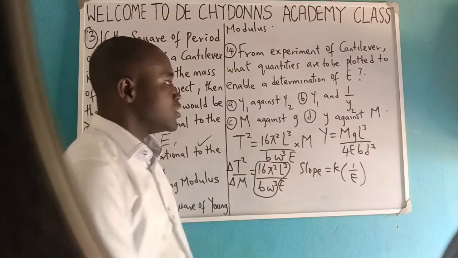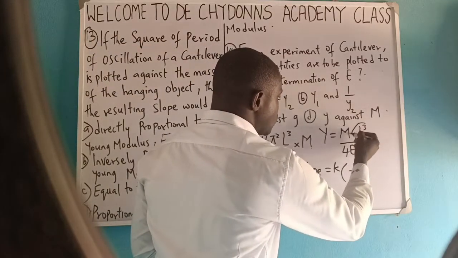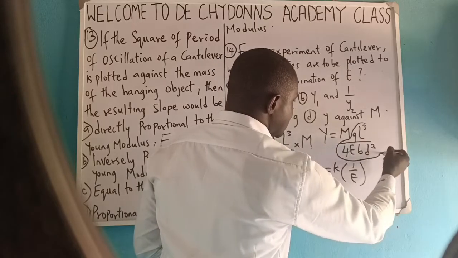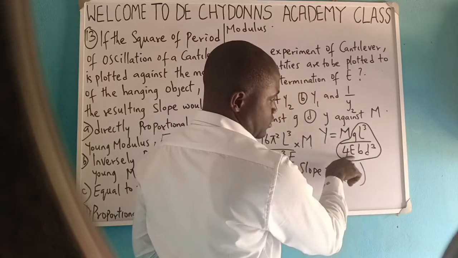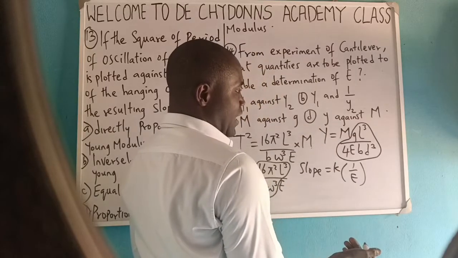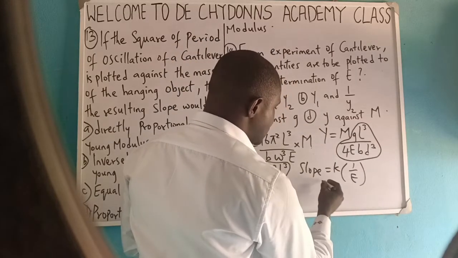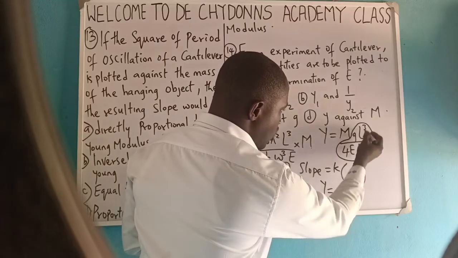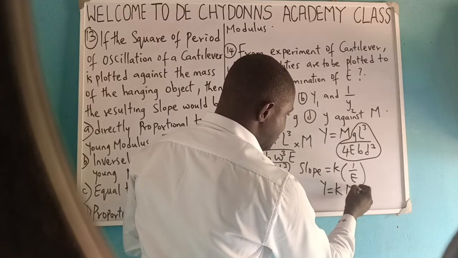The whole of this, except M, will be called a constant K, so y equals K times M.